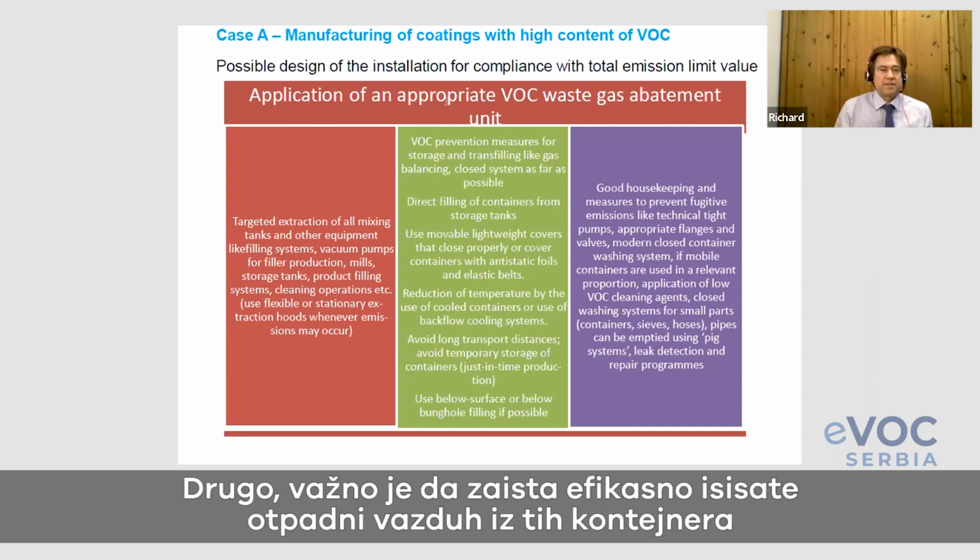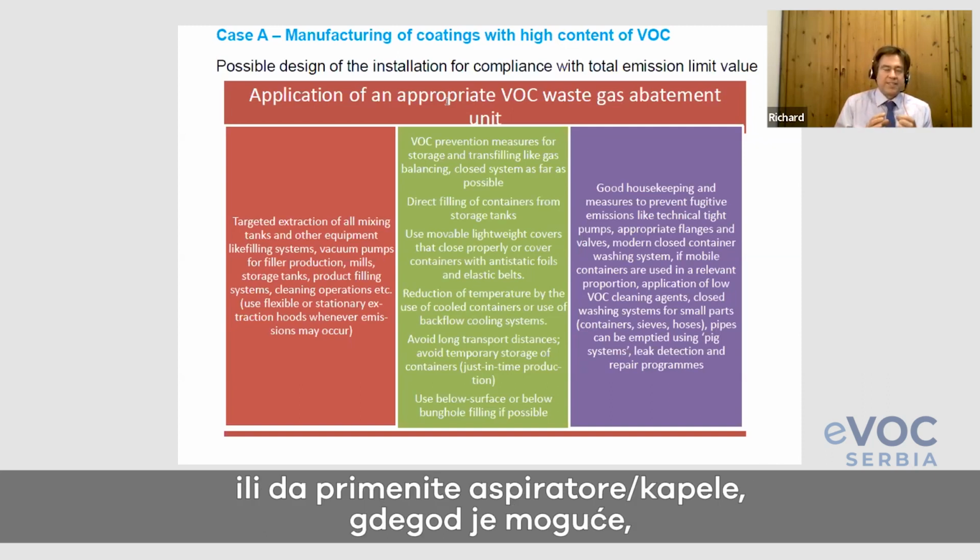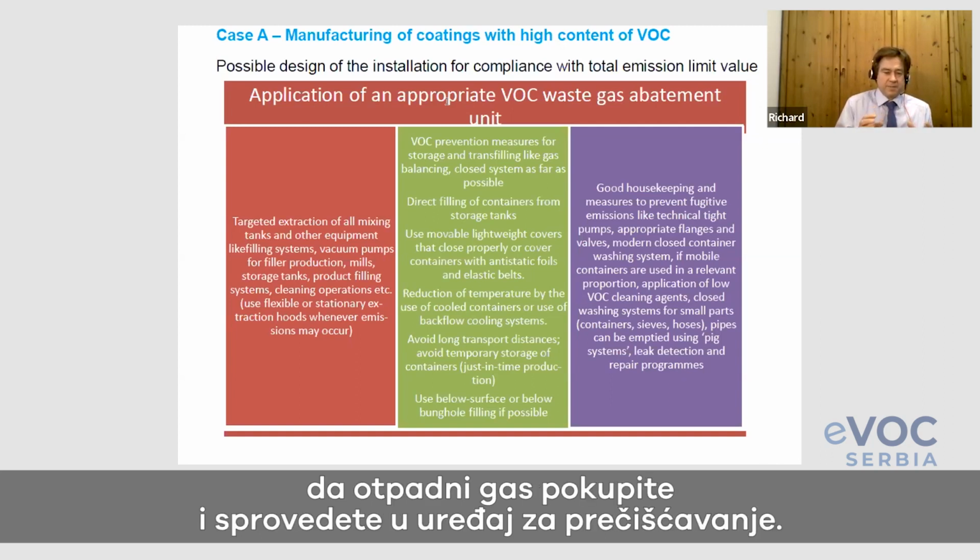Important is that you really do an efficient extraction from that containers, or you apply extraction hoods wherever it's possible, where you extract the VOC gases to that abatement unit.